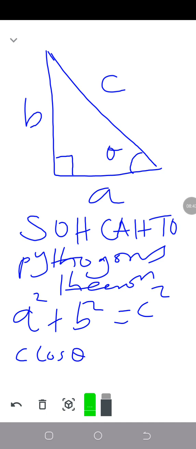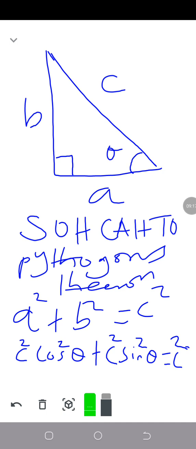But since A is squared, C will also be squared, and cos will also be squared, plus B, and our B was C sine theta. But since B on Pythagoras theorem is squared, C will be squared, and sine will also be squared, and this is equal to the hypotenuse, the longest side, which is C, but squared.